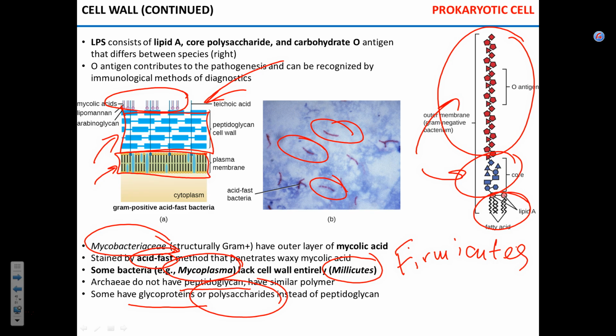E. coli, Salmonella, Campylobacter, Klebsiella, Shigella, all intestinal microbes, gram-negatives. A bunch of microbes causing urinary tract infection. Microbes that cause meningitis, there are two gram-negatives, one gram-positive. So Haemophilus influenzae, the Hib vaccine that you get, meningococcal infection, Neisseria meningitidis, gram-negative.